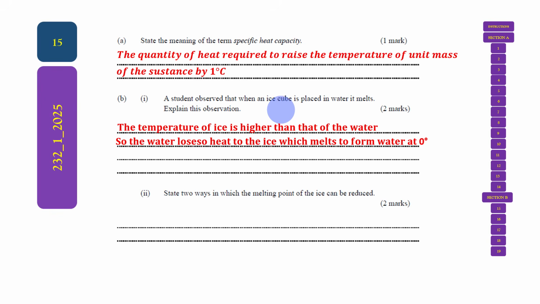But remember, we can have ice at a temperature lower than 0. We don't need to always use ice at 0 degrees Celsius. We can have ice at minus 10 degrees Celsius, for example. In such a case, when such a cube of ice at minus 10 absorbs heat, the first thing that will happen is that its temperature will rise until it reaches 0 degrees Celsius.